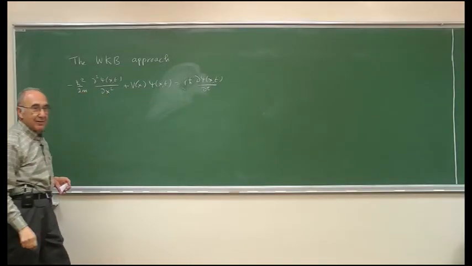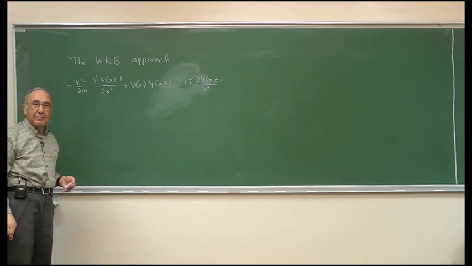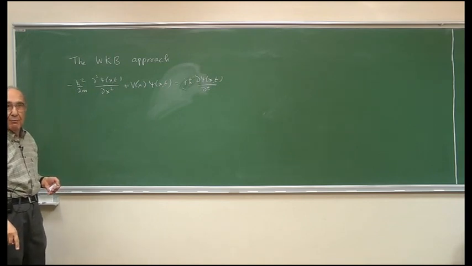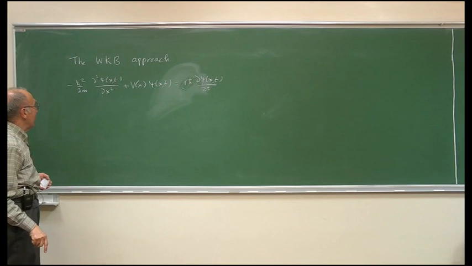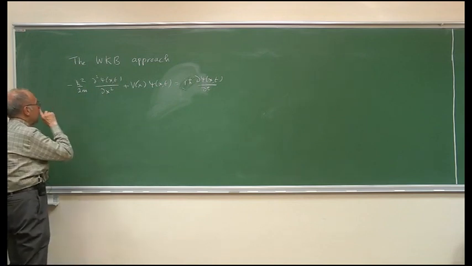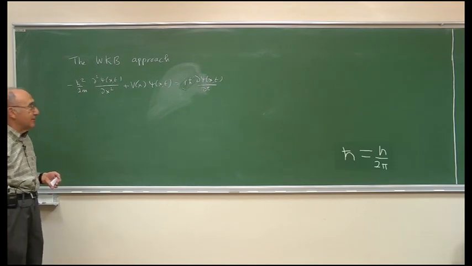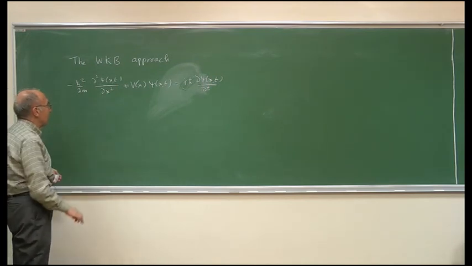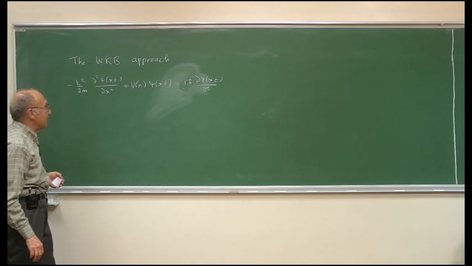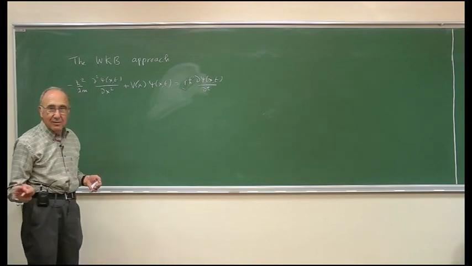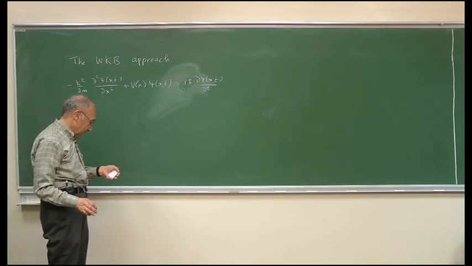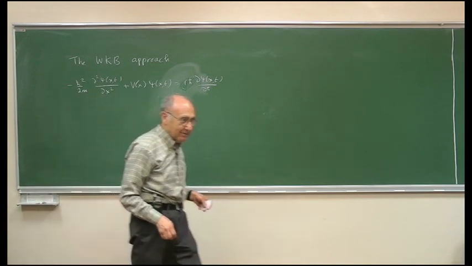Psi is the wave function depending on both position and time. And h is the Planck constant. H bar is, of course, the Planck constant divided by 2π. M is the mass. And V is the potential acting on the particle.